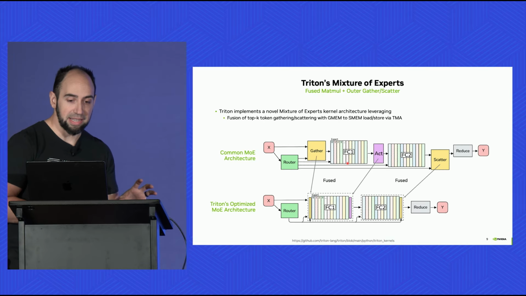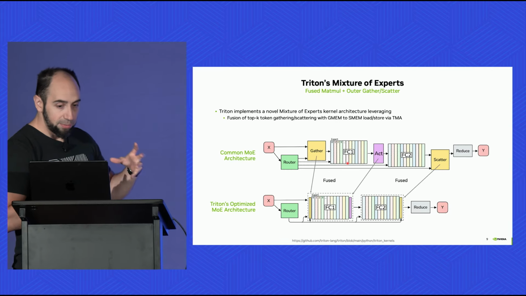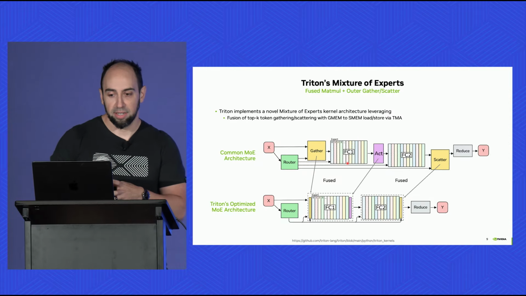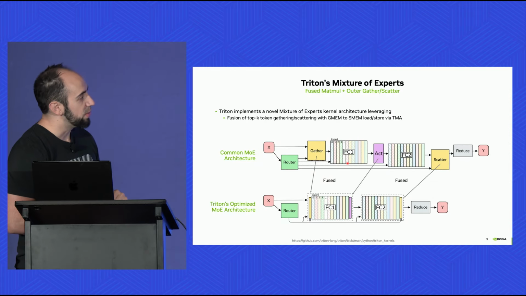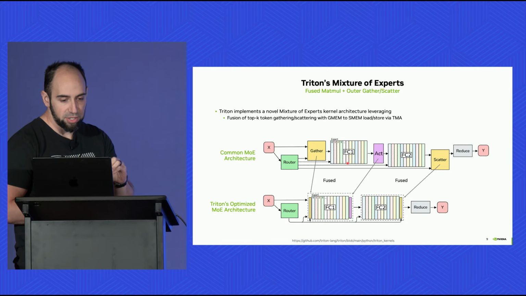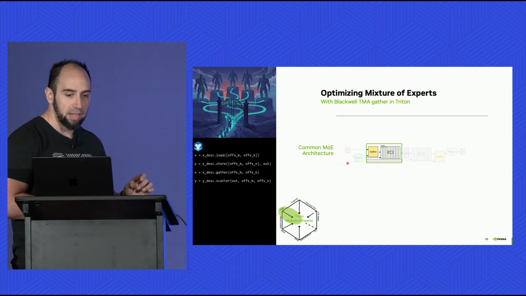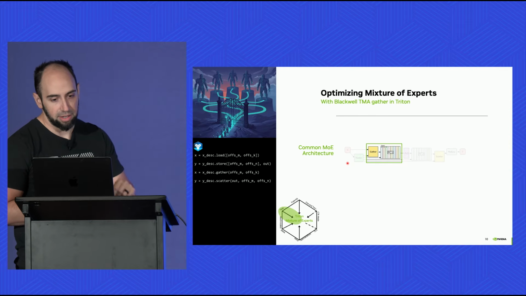Triton optimizes this mixture of experts layer by fusing together the gather in the fully connected step and the scatter in the fully connected step, and activation as well in there. So this is the key architectural innovation of this kernel, one of the key architectural innovations, and it's enabled in this way. Let's zoom in and take a look.